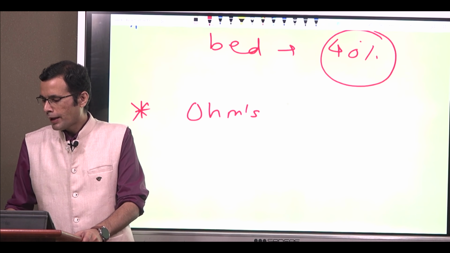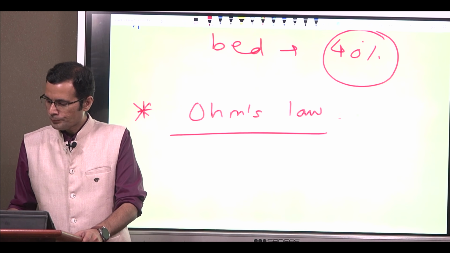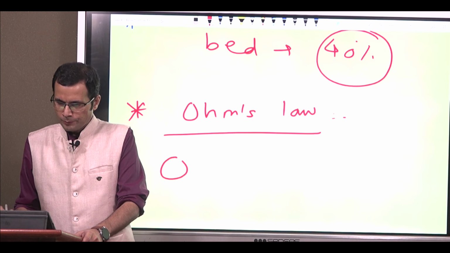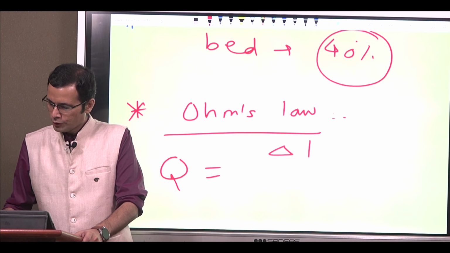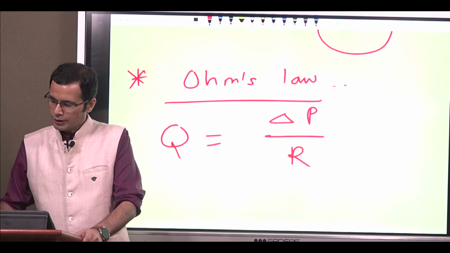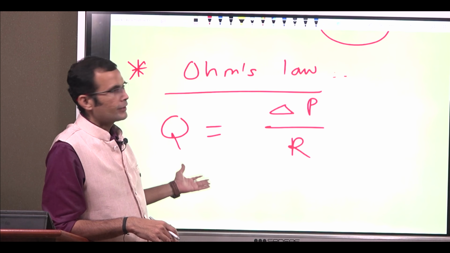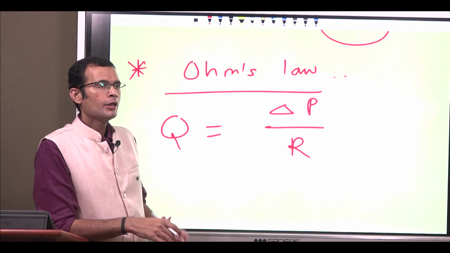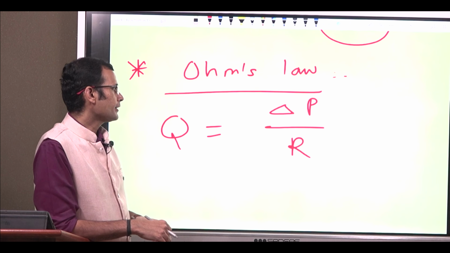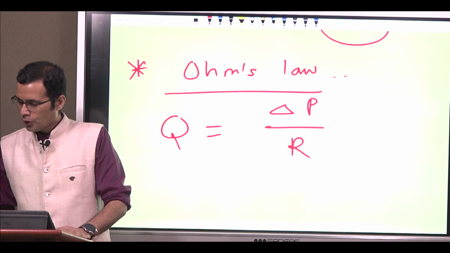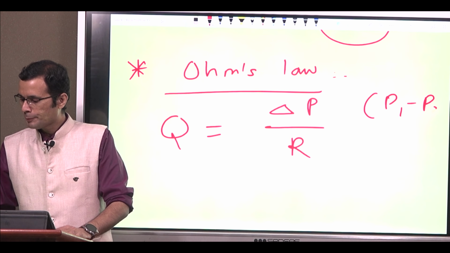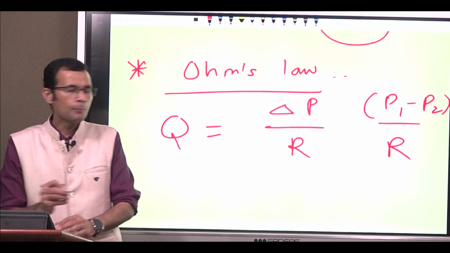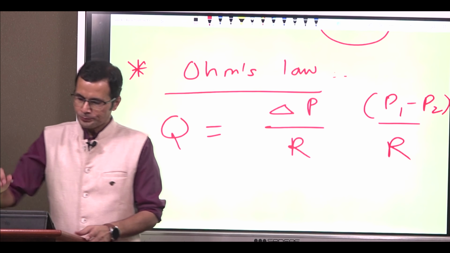Look, by Ohm's law, Q is equal to delta P upon R, right? That's very well known to us. Q is the flow, blood flow in this case. Delta P, or we can say P1 minus P2, upon the resistance.